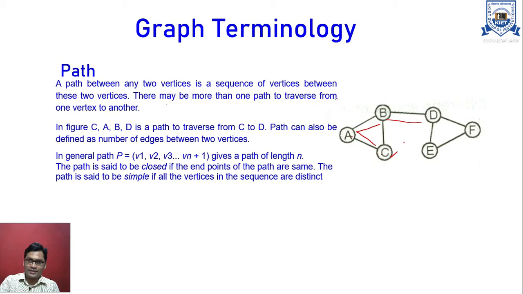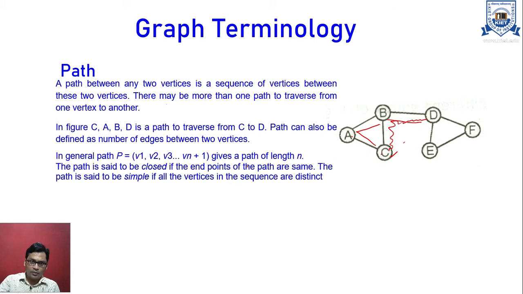But in a tree data structure, there must be exactly one path from one vertex to another vertex. But in a graph, there may be more than one path. For example, going from C to D, there are two paths, CABD and CBD also. This is another path. Okay, remember this one.